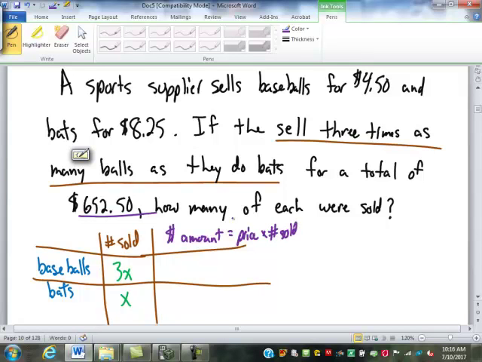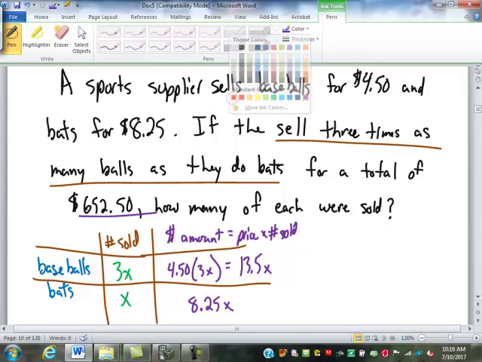So for baseballs, there's 3x sold. What was the price? $4.50. So it's $4.50 times 3x, which comes out to be 13.5x. For bats, how would I express that? You got it. X times 8.25, which is 8.25x.